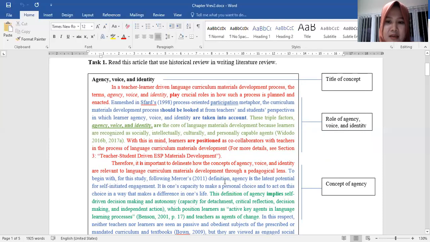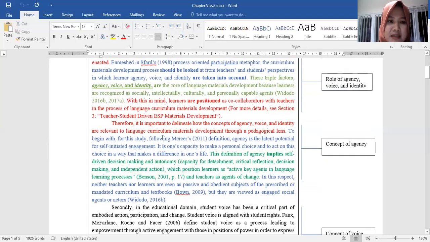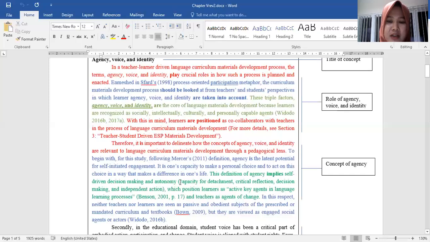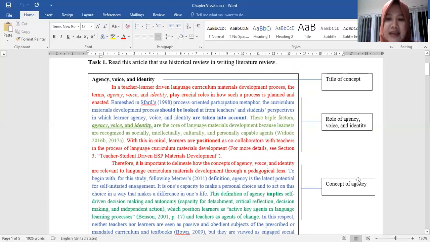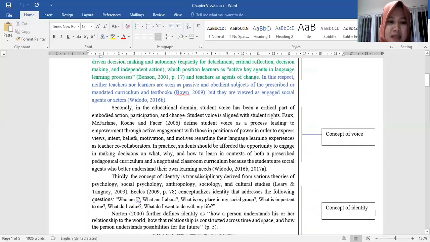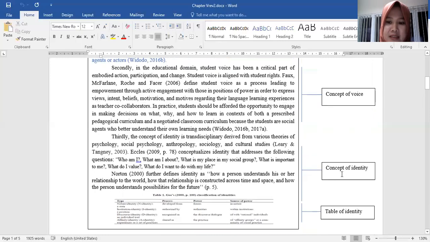In the second paragraph, the writer tried to be more specific. Whereas in the first paragraph he elaborated all the concepts that he needed to investigate in depth in his article, in the second paragraph he focused only on the concept of agency. The next paragraph is the concept of voice, and the last paragraph is the concept of identity.